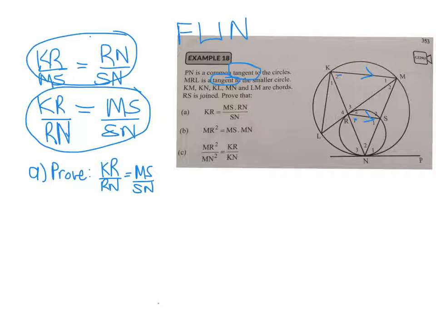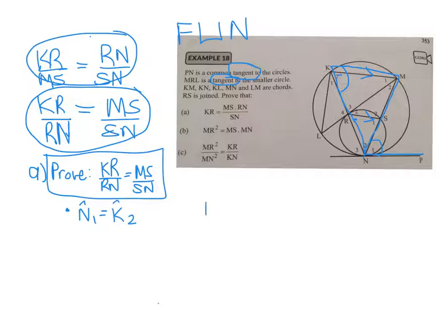So there's my tangent, and I'm going to go into the bigger circle. There I can see that N1 is equal to K2. So that's what I want to prove. I'm going to start with N1 is equal to K2, Y tangent chord.